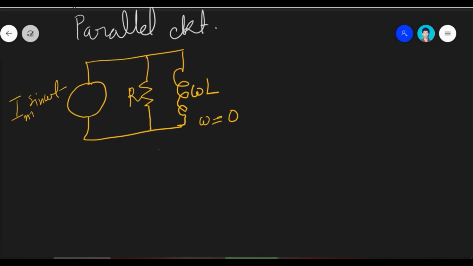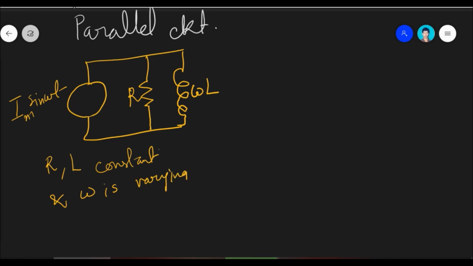Like the previous case, here we have R and L constant, and omega is varying from 0 to infinity.